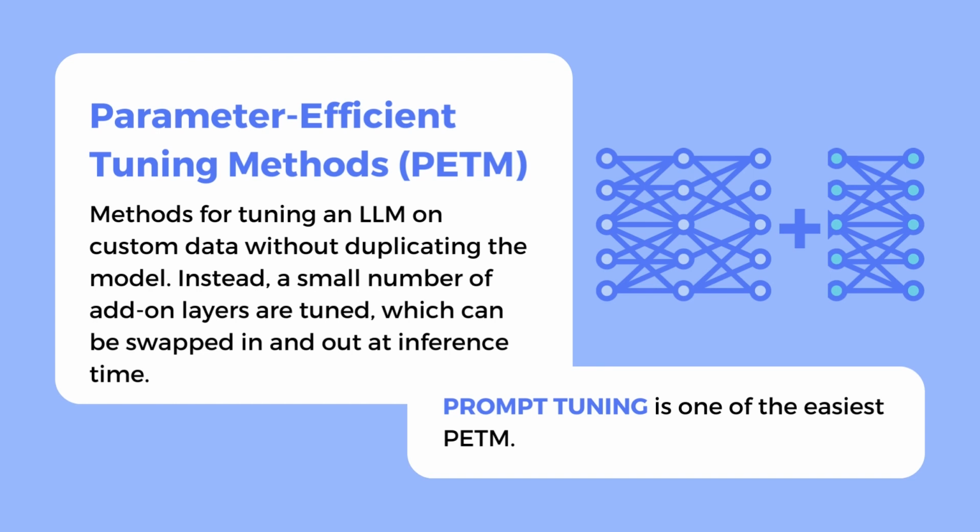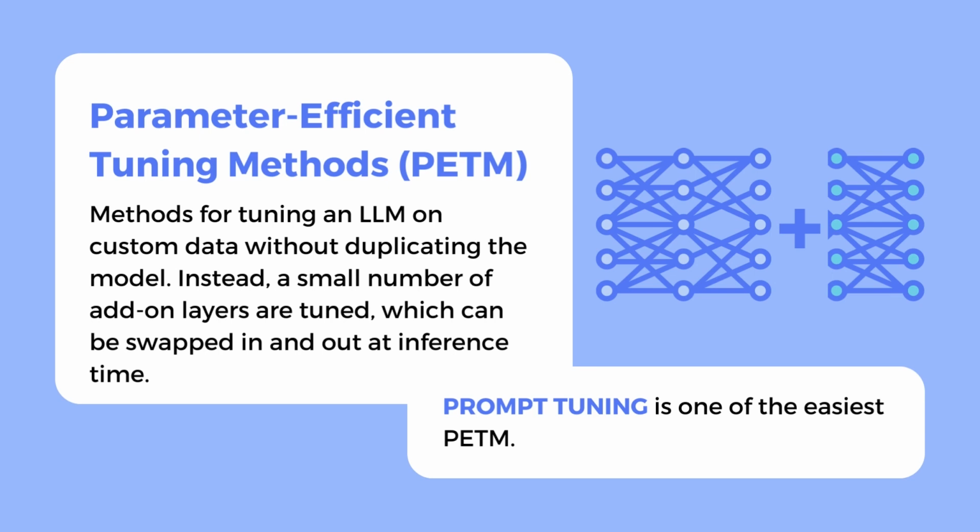Normally, with fine tuning, we adjust all of the parameters of the model, which is complicated and time consuming. But with PETM, we focus on changing just a small subset of these parameters, or even adding a few new ones. Maybe we add on some extra layers to the model, or throw in an extra piece of information.